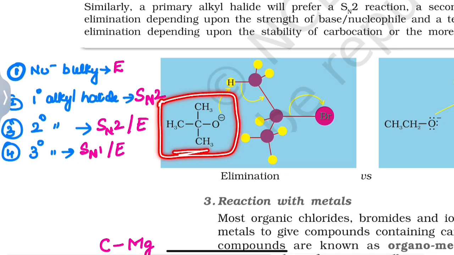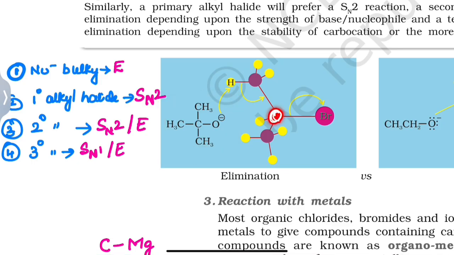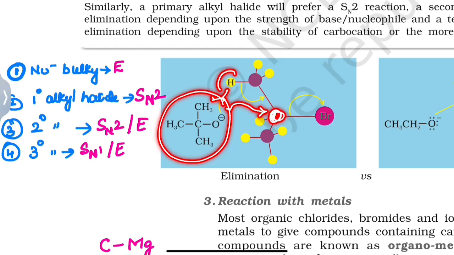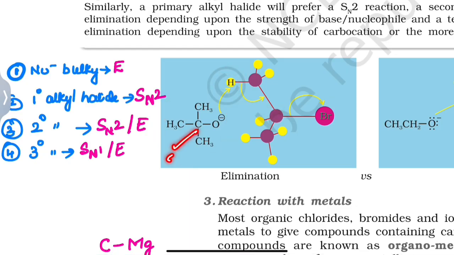It is a bulky nucleophile which is present, and this is the carbon atom. This bulky nucleophile finds it difficult to travel here and attack the carbon. Instead of that, it will remove the hydrogen atom. So this will be acting as a base instead of nucleophile. Therefore, elimination reaction will take place.